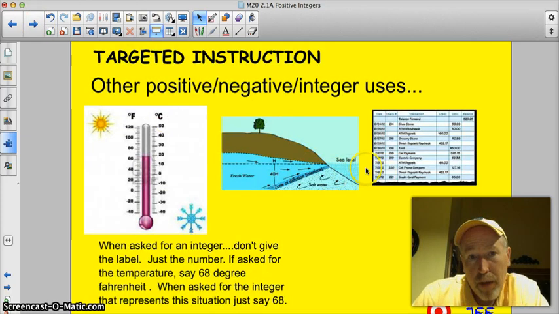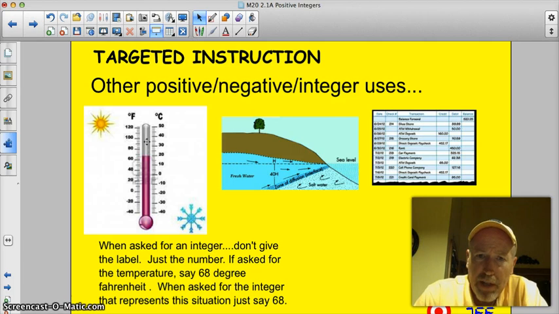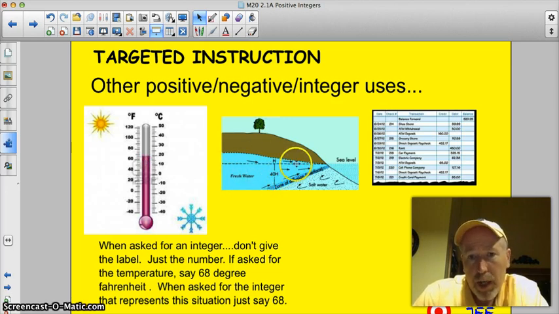Here are some other positive and negative integer uses. Oftentimes when we talk about temperature, in January we have numbers in the negative, negative 20, minus 5. Those are negative integers. Also, we would have positive numbers in the nicer months of the year, and hopefully they're in that 60 to 80 degree range. When we talk about sea level, we talk about positive and negative integers.